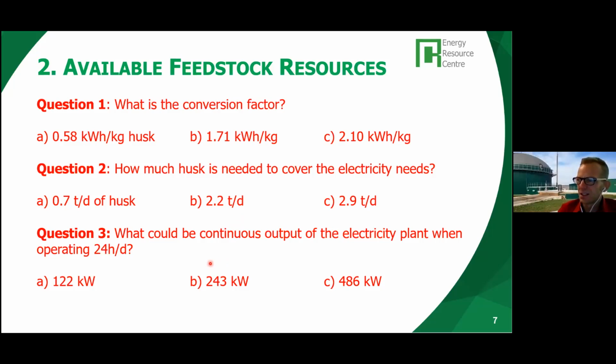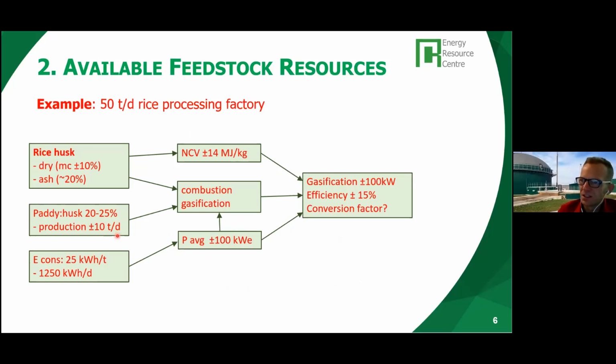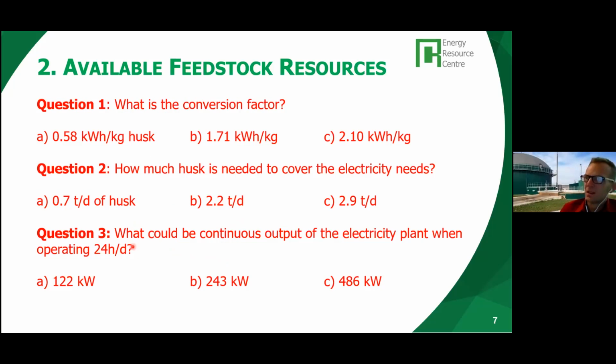If you used all of the husk rather than just the husk needed for the factory, 10 tons per day multiplied by 0.58 divided by 24 gives a continuous output of 243 kilowatts. So that is the solution, answer B.